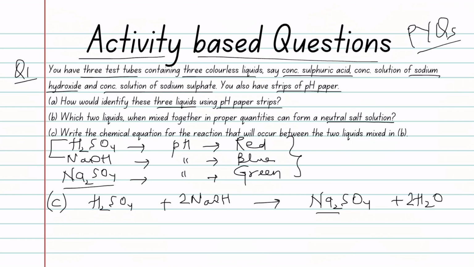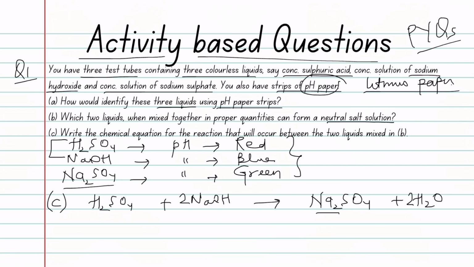But what happens is sometimes students get confused between pH paper and litmus paper. Okay, so here is one thing. pH paper shows you different colors. Okay, it has many colors, light orange, red, and then green for neutral, and then blue, and then dark blue, and even shades of purple.